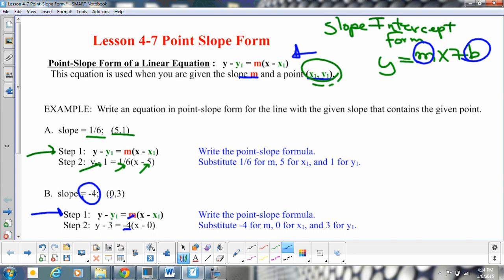I'm given the point where x is 0 and y is 3. So I put a 0 in for x, I put a 3 in for y, and I get the resulting equation: y minus 3 is equal to -4 times x minus 0. So now you know how to write the equation in point slope form.